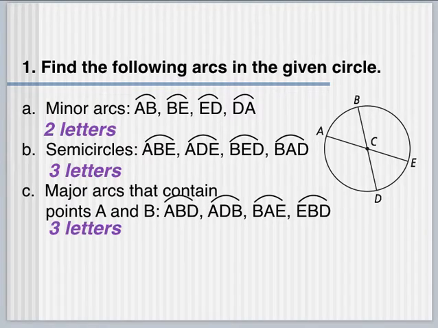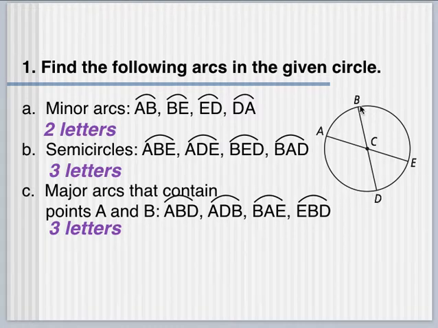Major arcs also need three letters in the name. So if I want to find examples of major arcs in this circle that contain both A and B, I would make sure I choose one of the points that the arc goes through on its way to its endpoint. So for example, if I wanted to talk about the arc A to D the long way, first off, if I only called it AD with two letters, it would mean the shortest distance between A to D, so that would be the minor arc version.